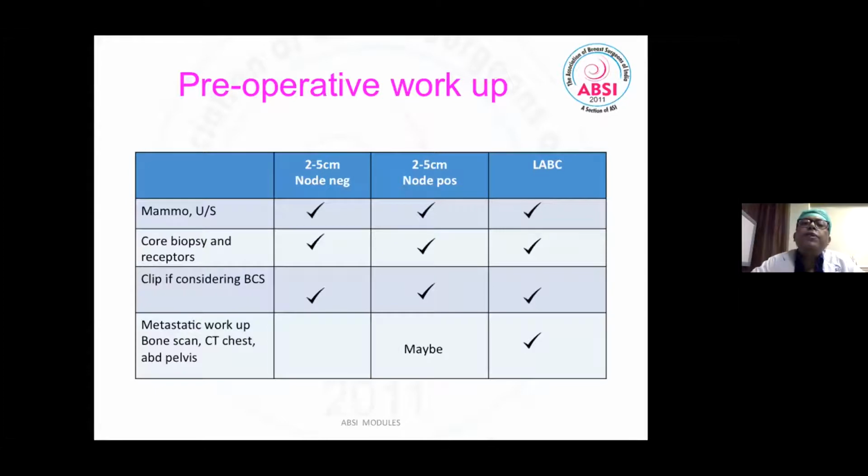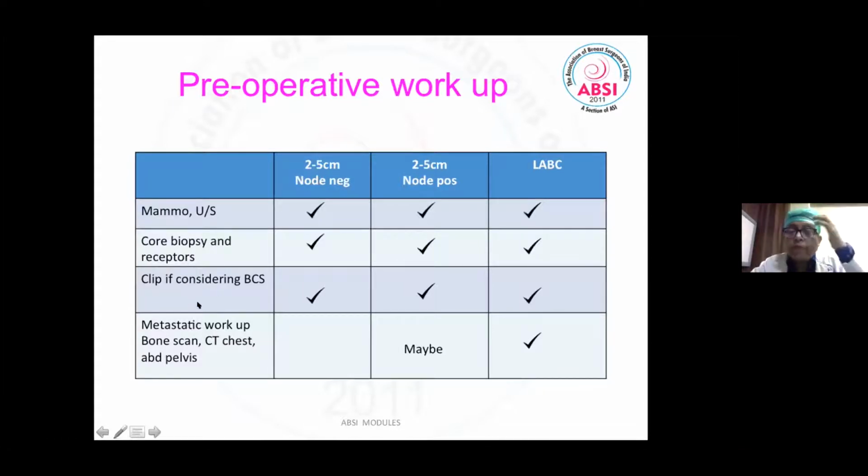However, if there is a signal in the postoperative histopathology or the pattern of disease, like a triple negative breast cancer with aggressive variants, you are allowed to go beyond the purview and do a metastatic workup. But by and large, early breast cancers do not need a metastatic workup, whereas locally advanced breast cancer mandatorily has to go through that. The next important thing is whether to place in a clip.